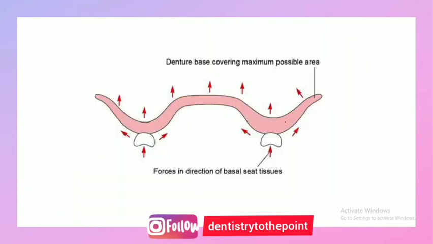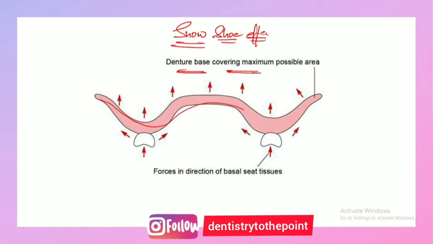Now, the one more thing which is left is the snowshoe effect. So, what does the snowshoe effect say? Snowshoe effect says that the denture base should cover the maximum possible area of the tissue.